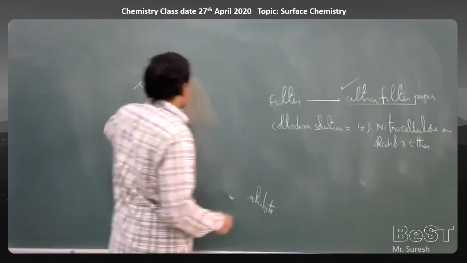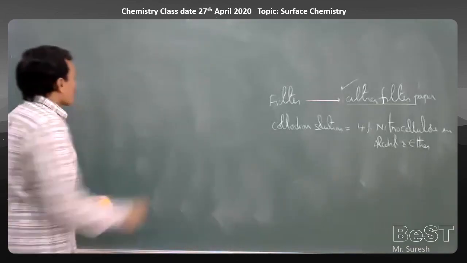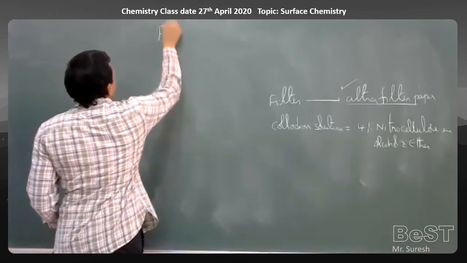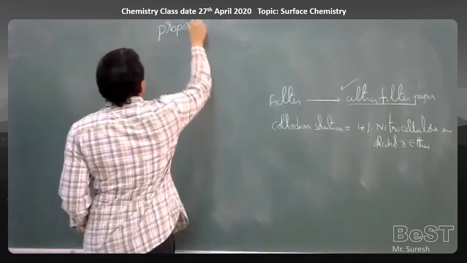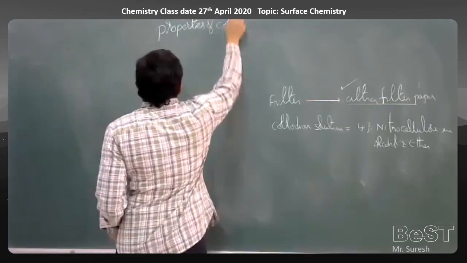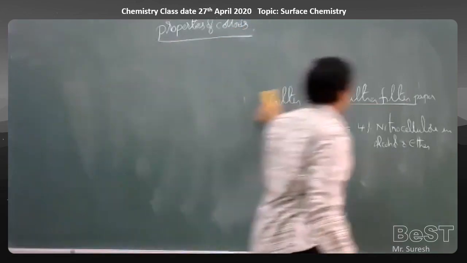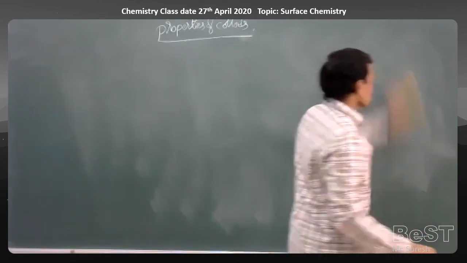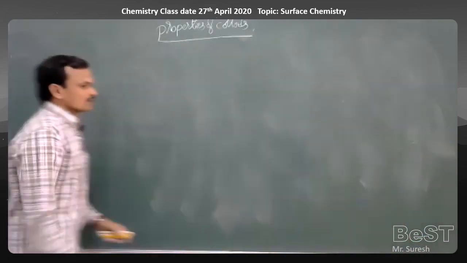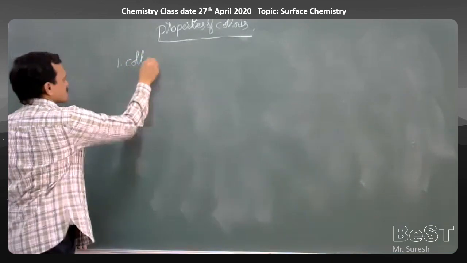Now, the next one is properties of colloids. The first one is colligative properties.